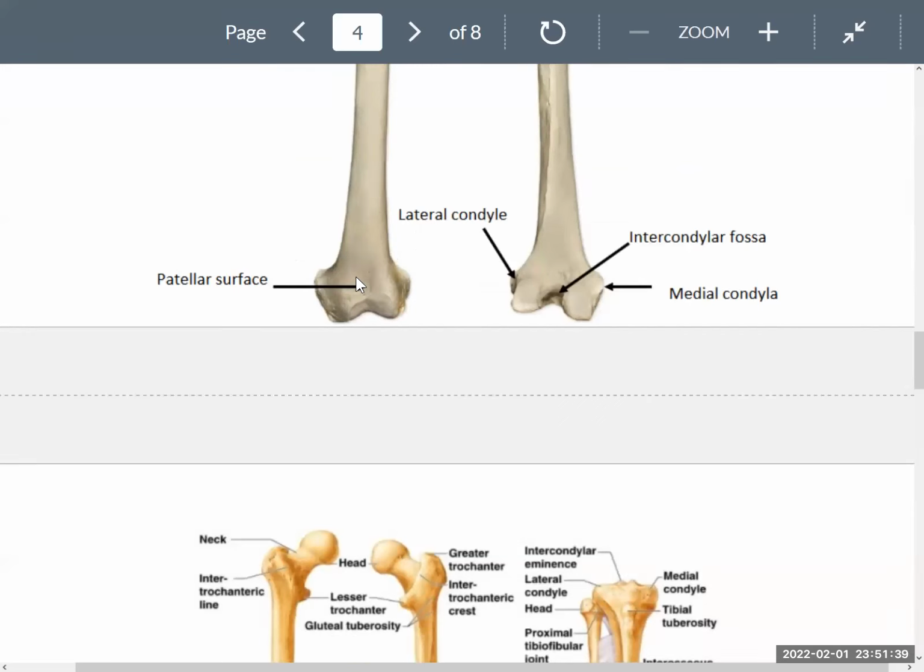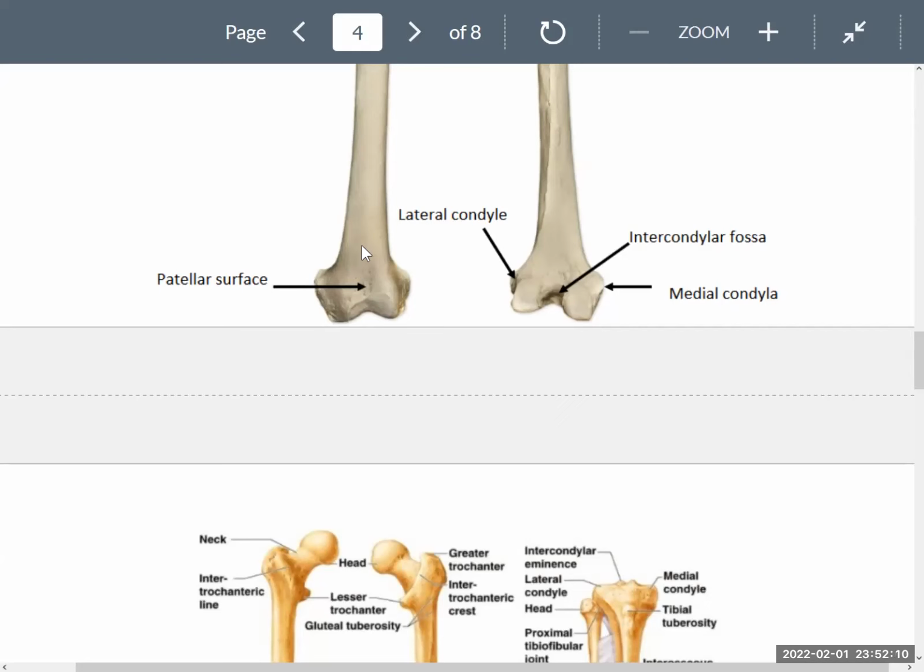And now go back to the anterior view, the anatomical view. Come back here. There's a smooth area, just one smooth area. This is the patellar surface. Fortunately for us, we don't have capitulum, radius, radial fossa, coronoid fossa, things that we have in the humerus.